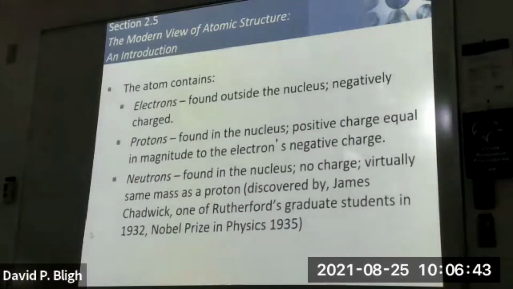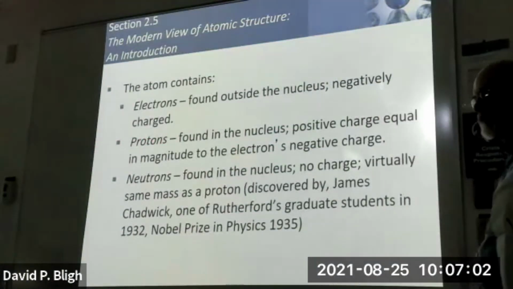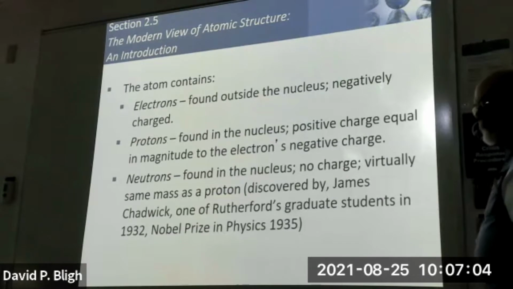All right, so now we know that the atom is made up of electrons, the negative charge, and the protons, most of the mass, and the positive charge in the atom. The problem was the electrons are almost weightless when it comes to the mass of the atom.